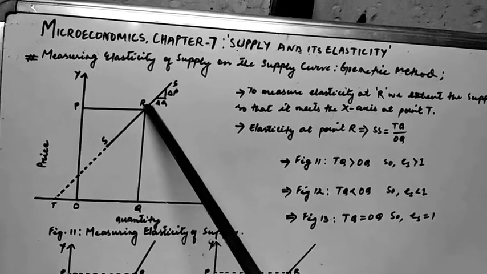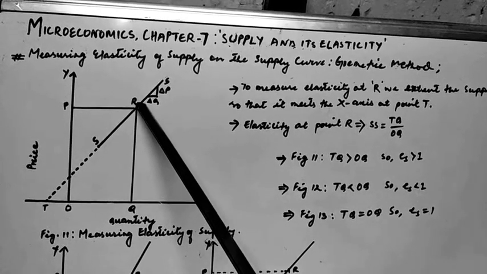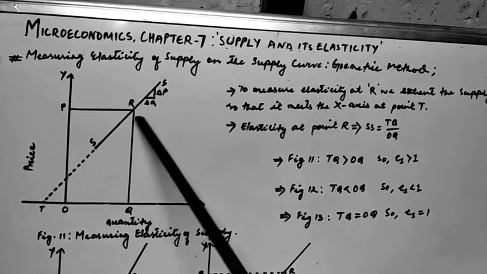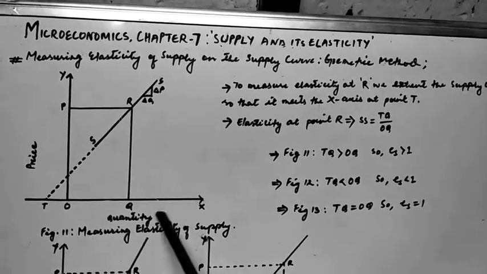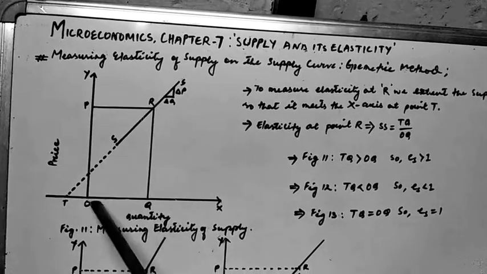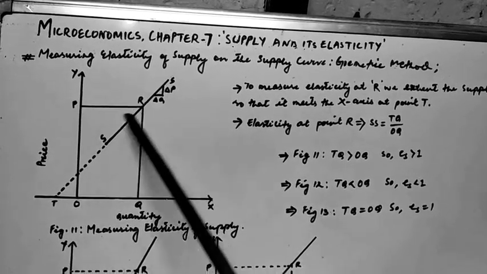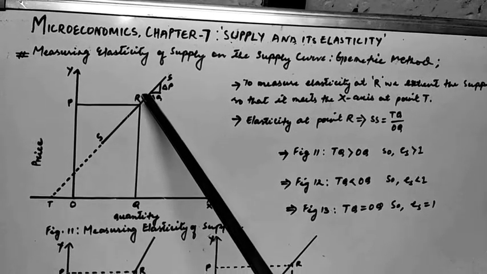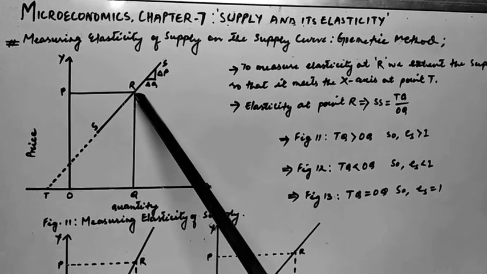We have to measure the elasticity of supply at point R. How do we do it? In the diagram, we are measuring quantity on the x-axis and price on the y-axis, and O is the origin. SS supply curve is given, and at point R we have to measure the elasticity of supply. So how to do it?